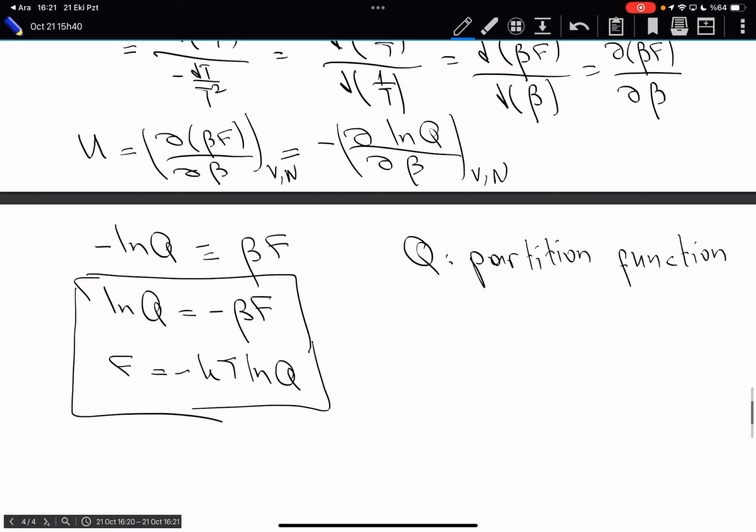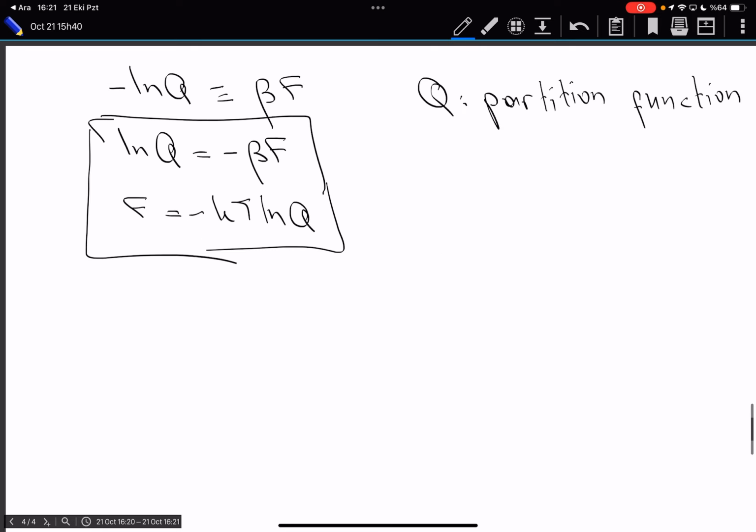Well, let's also look at the pressure. You see, if this is the free energy, the pressure will be equal to minus the derivative of the free energy with respect to volume at constant temperature and the number of particles. This is minus the derivative with respect to volume.